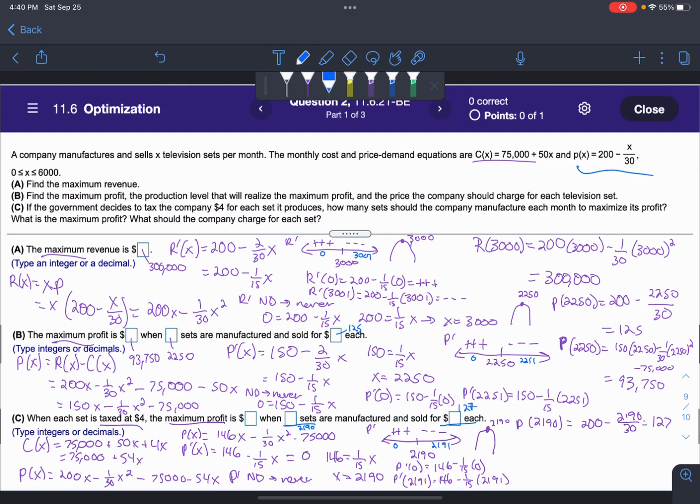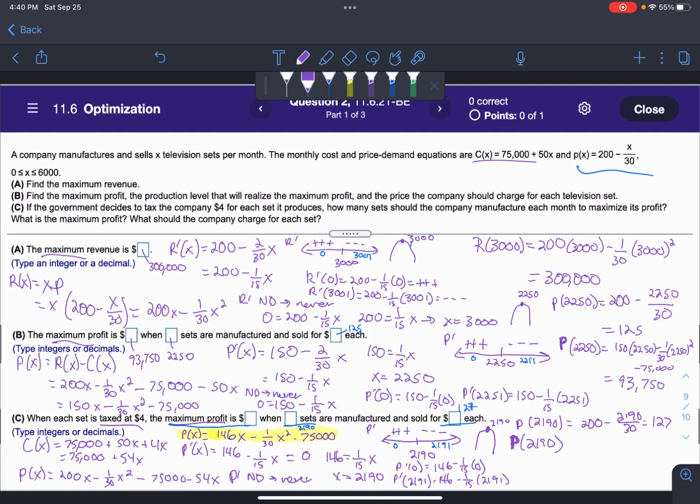And then our very last piece is what's this maximum profit when we sell 2190 at 127 each. So now we want capital P, which I'm kind of making bolded, of 2190, and using our P, our profit function that we found here based on our new cost function.